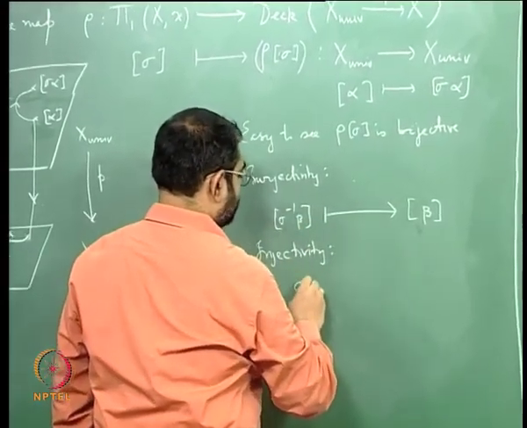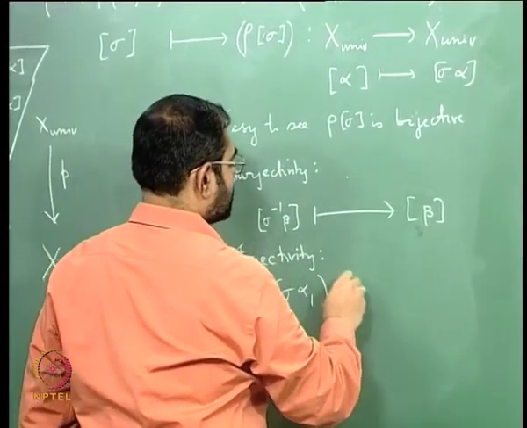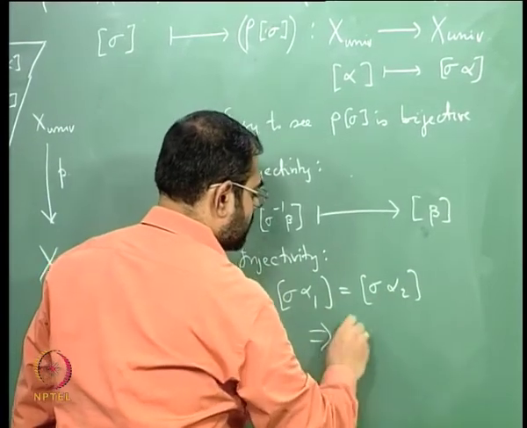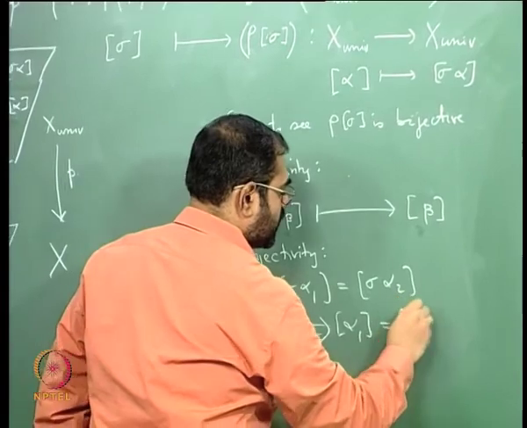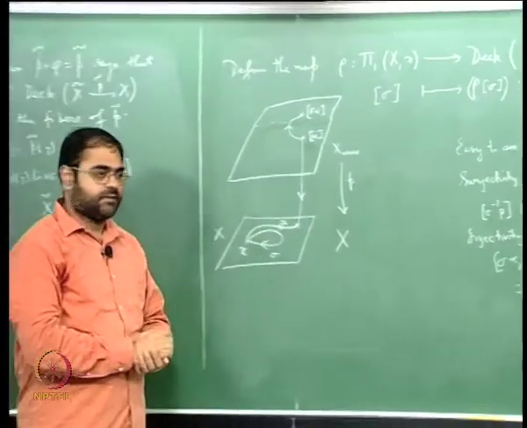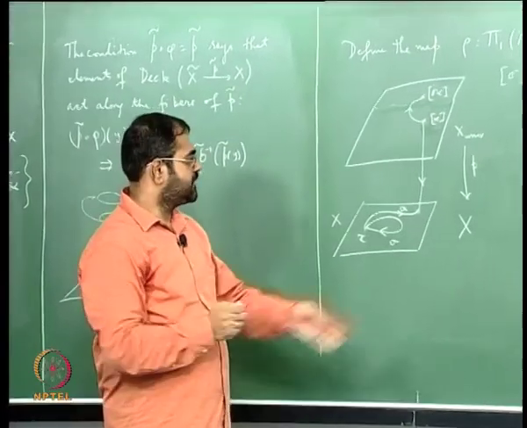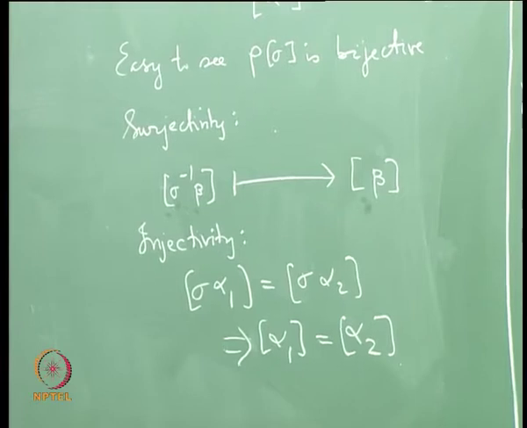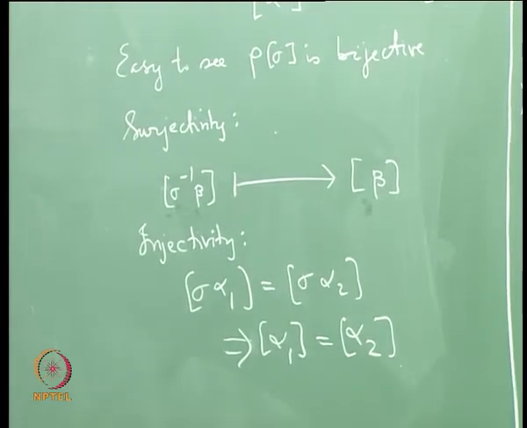If sigma alpha 1 is equal to sigma alpha 2, then alpha 1 and alpha 2 are homotopic, fixed endpoint, okay. So it's bijective, okay. It's very easy to check that. But in fact the point is that this map is a map of this form.